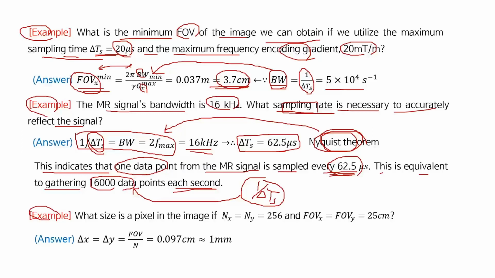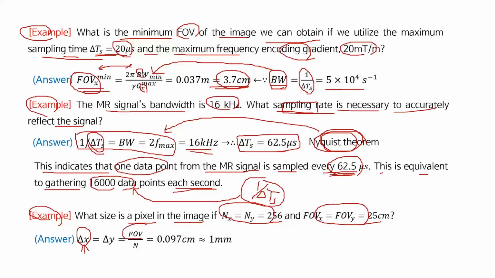Next example. What size is a pixel in the image if nx equals ny equals 256 and FOVX and FOVY are 25 centimeters? So delta x is the pixel size in image space.